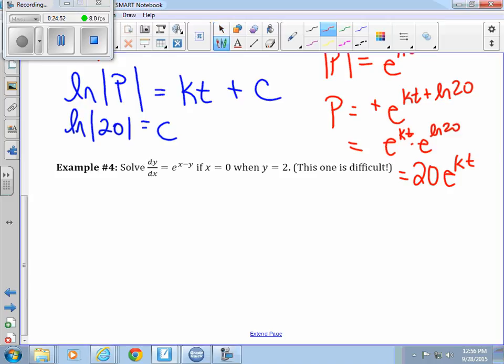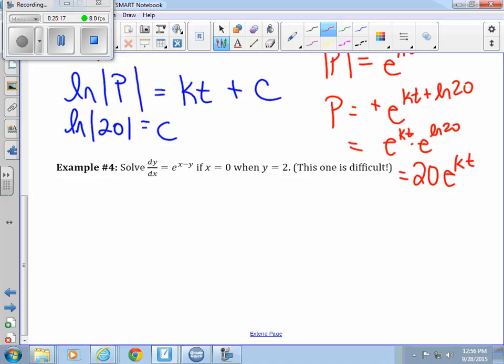Okay. So I heard some of you mention that there might be a way to do this. At first glance, this looks like one of those impossible problems because it looks like I can't get the x and y apart, right? If you ever come to one that truly you can't get the x and y apart, then you can't do it. That's not a Cal 1 or Cal 2 differential equation.